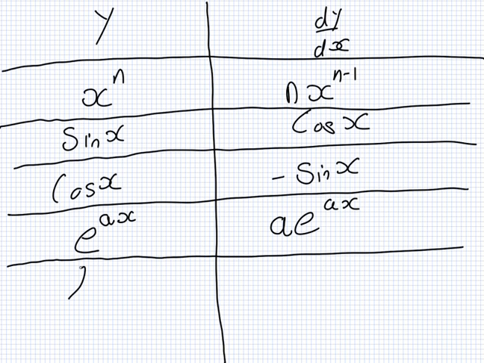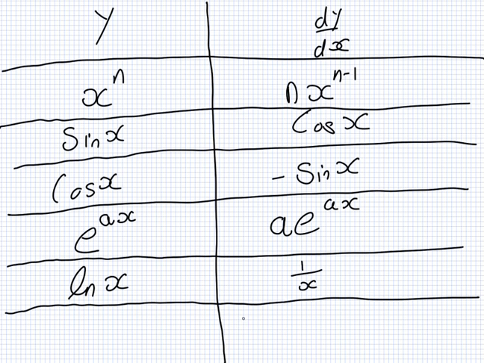Then we have log x. Its derivative is 1 over x. Then we have tan x. Its derivative is 1 over cos squared x.